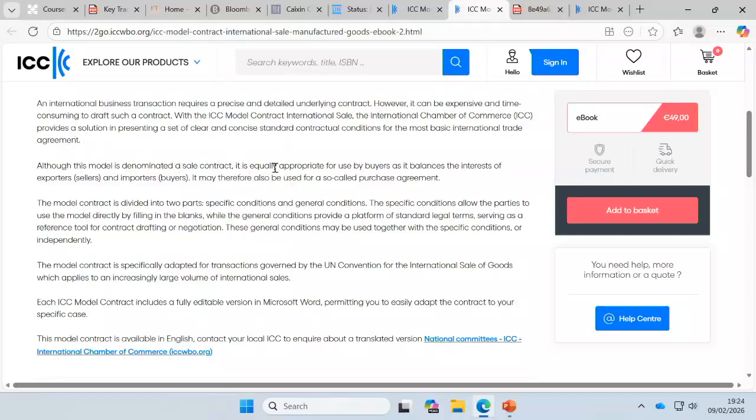Although this model is denominated a sale contract, it is equally appropriate for use by buyers as it balances the interests of exporters, sellers, and importers, buyers. It may be used also for a so-called purchase agreement. The model contract is divided into two parts: specific conditions and general conditions.